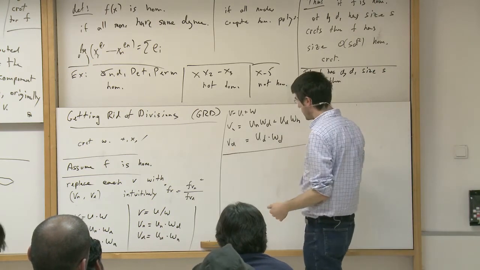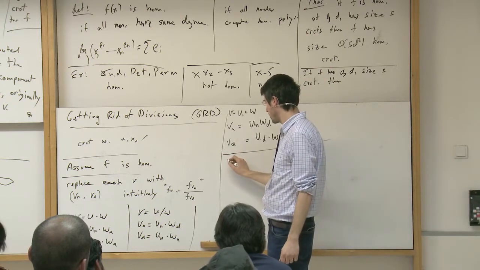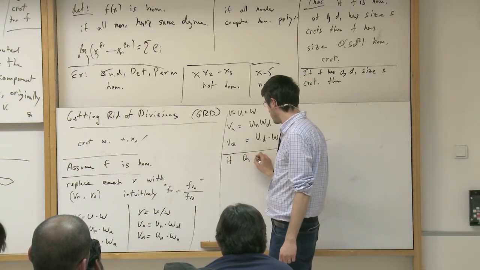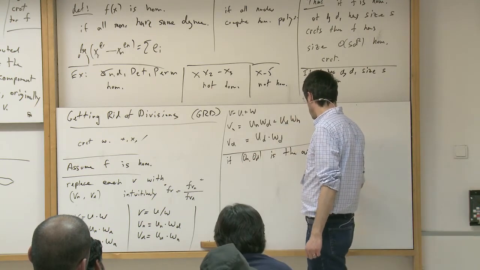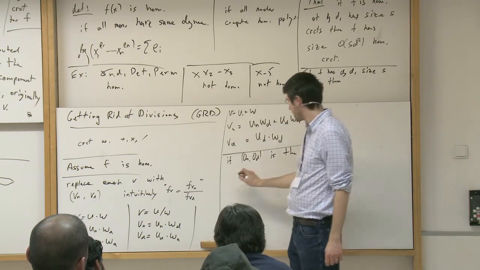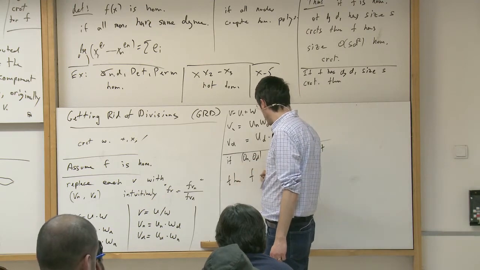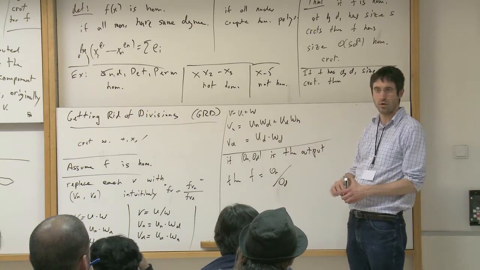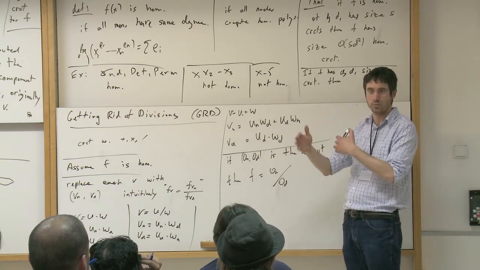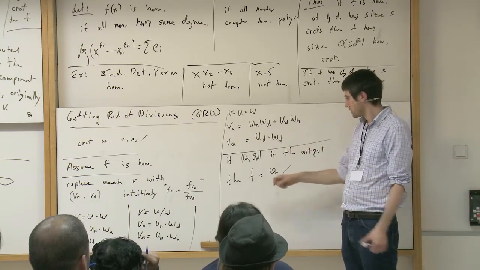So if ON, OD is the output, then F is ON divided by OD. I'm using this notation rather than the polynomial computed by ON, etc. So that's what I need to compute.